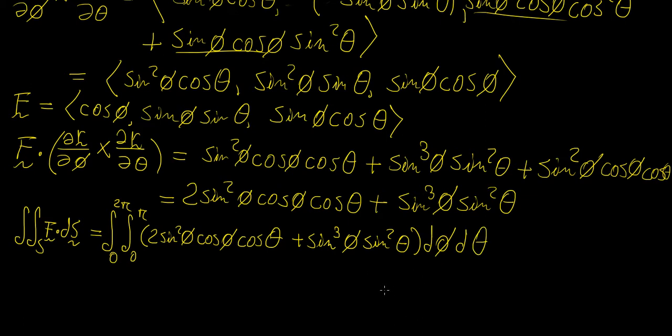So now all that this is going to become is just a matter of doing it step by step. The first thing you notice is that you can actually separate this into two integrals.